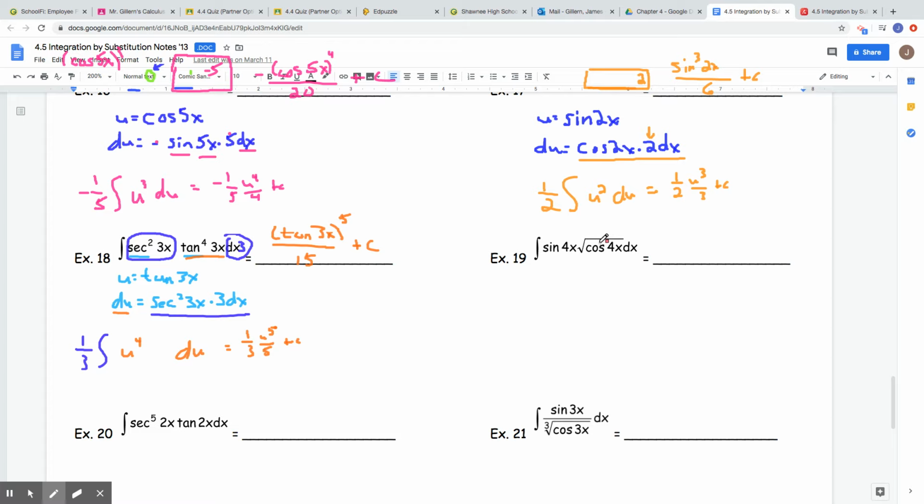Go back to what we first started doing with substitution. Whatever was on the inside. If you have a situation like this where it's underneath a radical, pick what's on the inside, but it's going to be the entire thing. So it's going to be u equals cosine 4x. Now, the derivative of this.